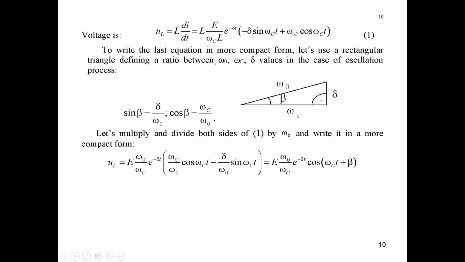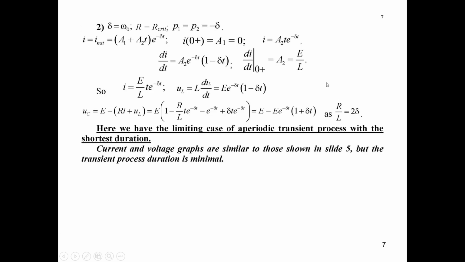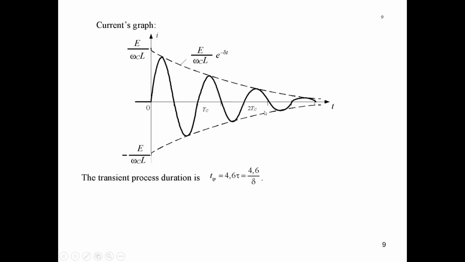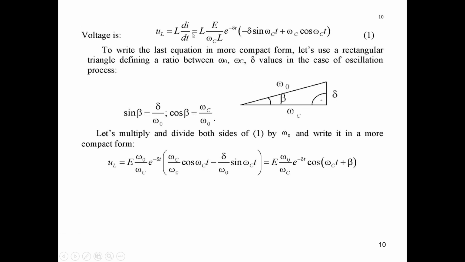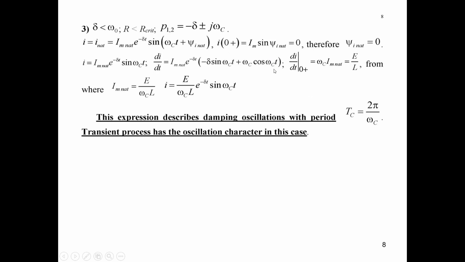L, then I, it is E over omega c L, this is the coefficient. L and L will be cancelled, multiplied by E to the minus delta t, because this coefficient will be the same for both items when we take the derivative. The derivative of the exponential function is the exponential function, but it should be multiplied by minus delta, the derivative of the argument, and multiplied by sine omega c t.